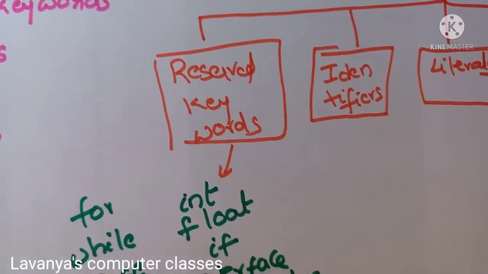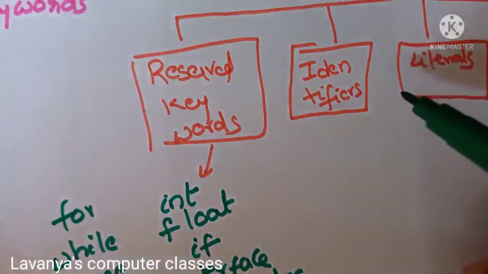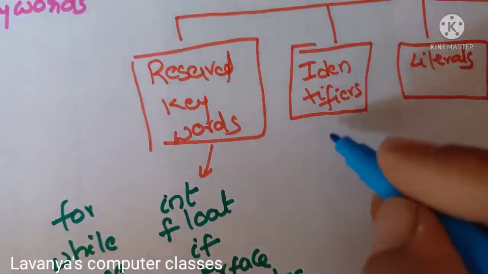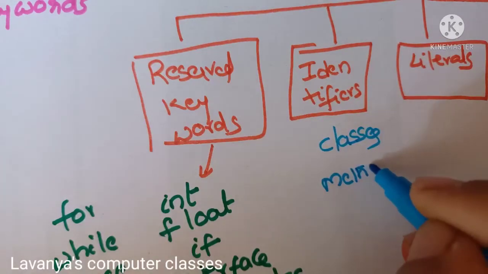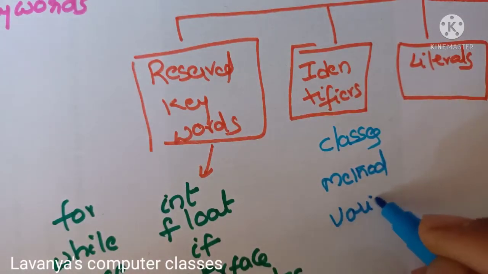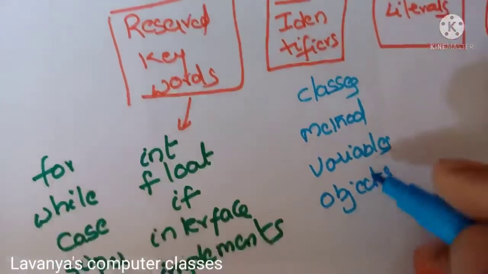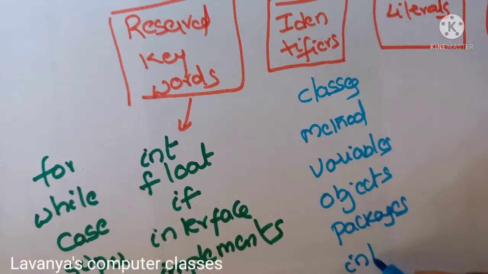Second one is identifiers. What do identifiers mean? These are program-designed tokens. Whenever you are developing a program, they are used for naming classes, methods, variables, objects, packages and interfaces. A Java program contains classes, methods, variables, objects, packages and interfaces.